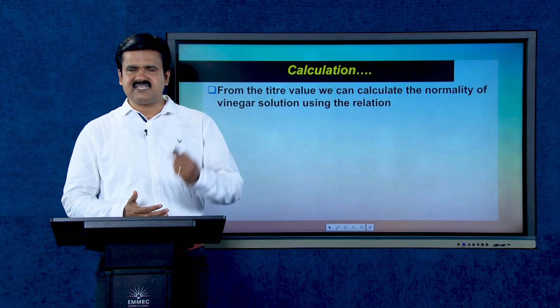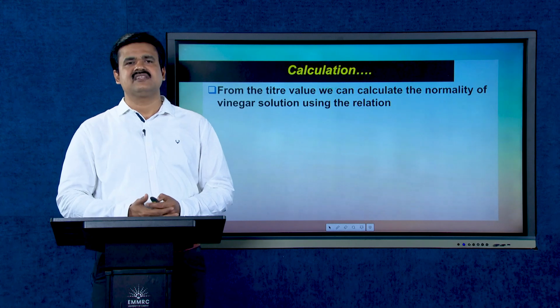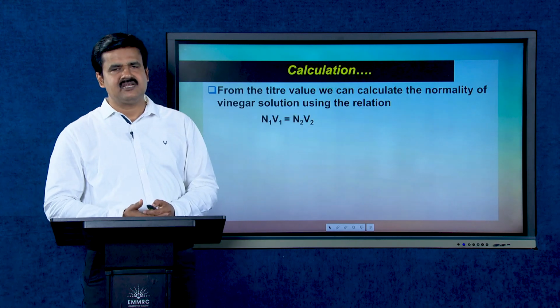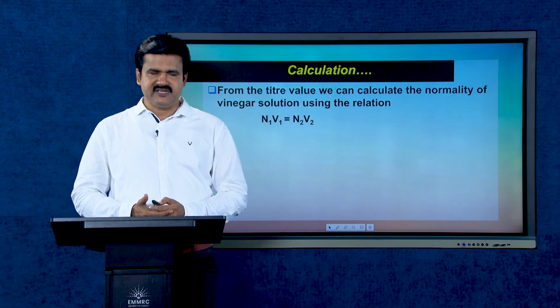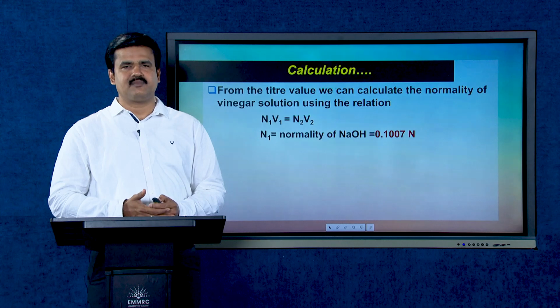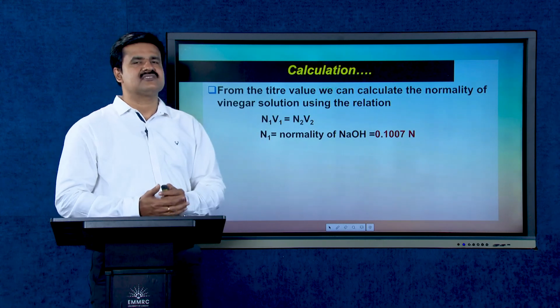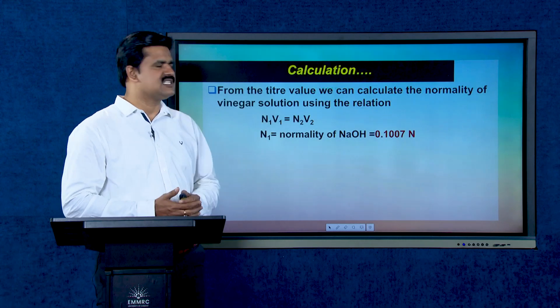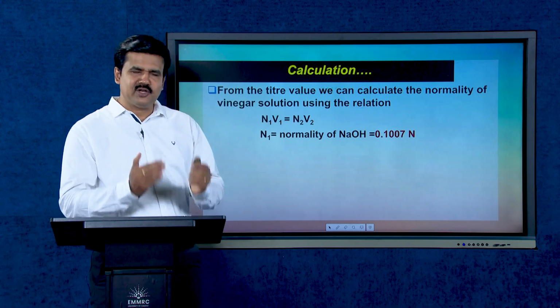Now, from the titer values, we can calculate the normality of the vinegar solution using the relation N1V1 equal to N2V2. This is the volumetric relation, and here N1 represents the normality of the sodium hydroxide solution that we already standardized, and we got it as 0.1007 normal.